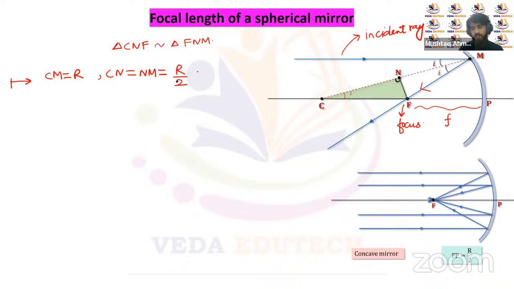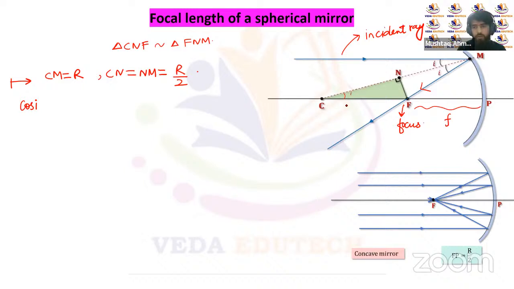Now let's focus on this triangle CNF. In triangle CNF, it's a right angle triangle, right angle at N. The cos of the angle of incidence I: you can see here, if this line is parallel to the incident ray and this angle is I, then this angle has to be equal to I. These angles are called alternate angles.